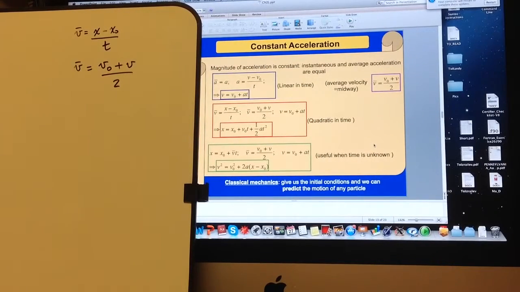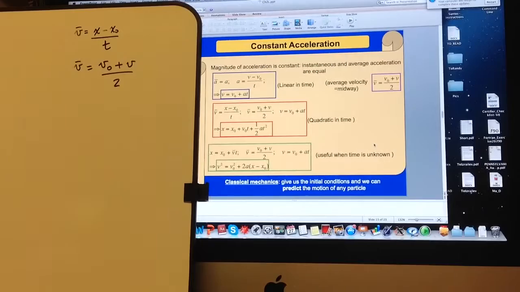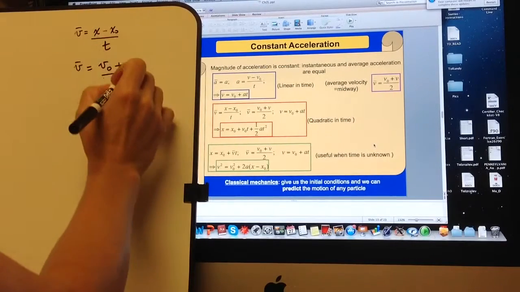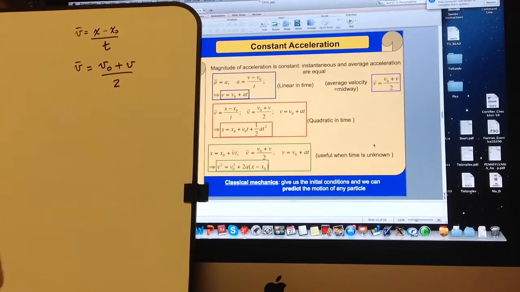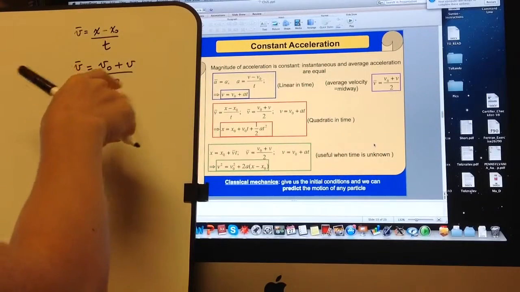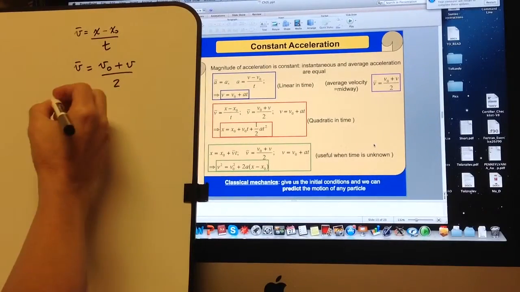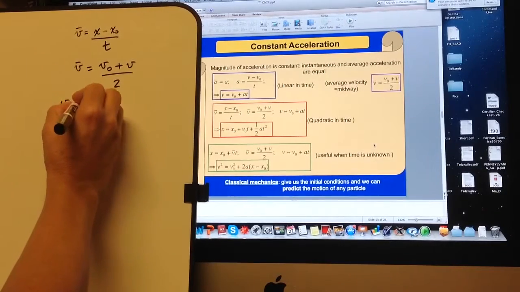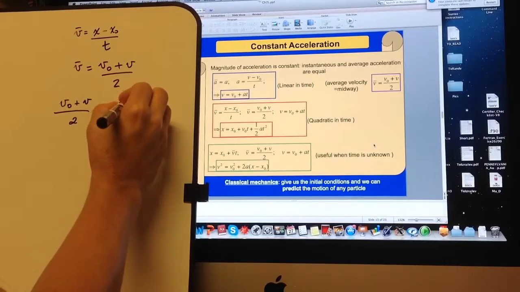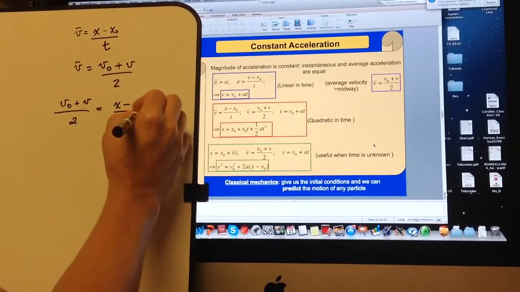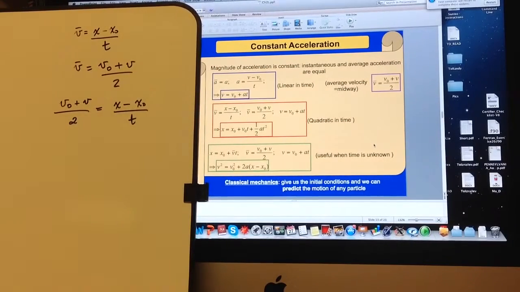So I'm going to substitute this equation into this one. Here where you have the average velocity, I'm going to put this equation. Then I have v naught plus v divided by 2 is equal to x minus x naught divided by t. Let me rearrange these things.